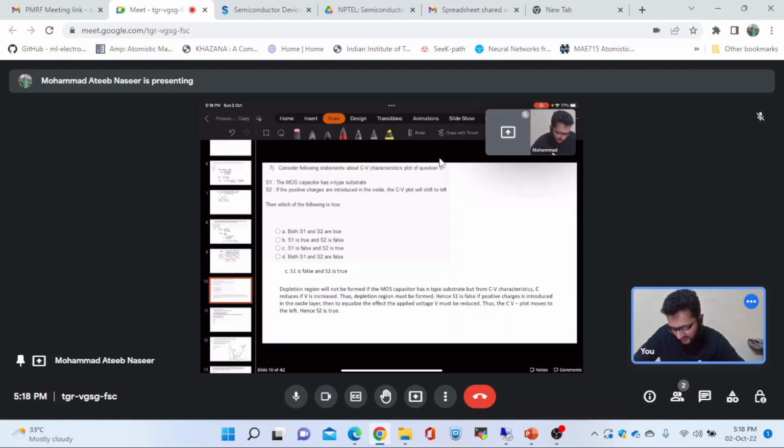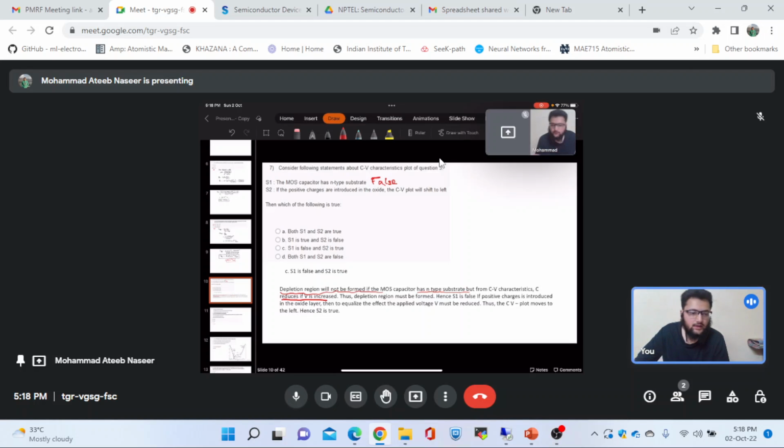And as it's written over here, that this depletion region will not be formed if the MOS capacitor has N-type substrate, but from CV curve, C reduces if V is increased. So we can clearly see that this statement is false.